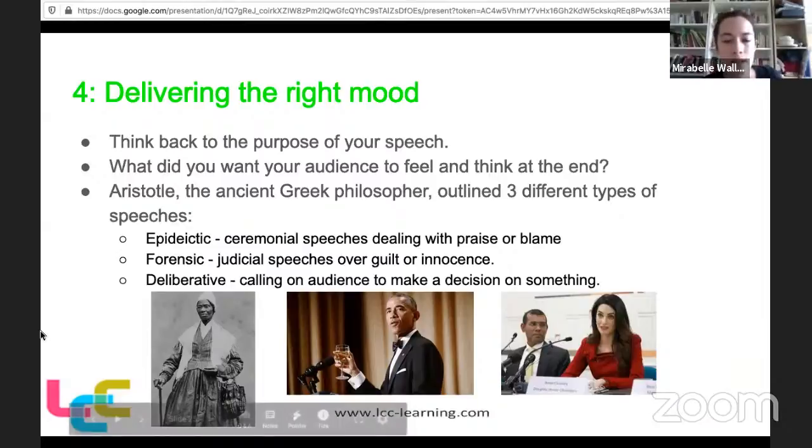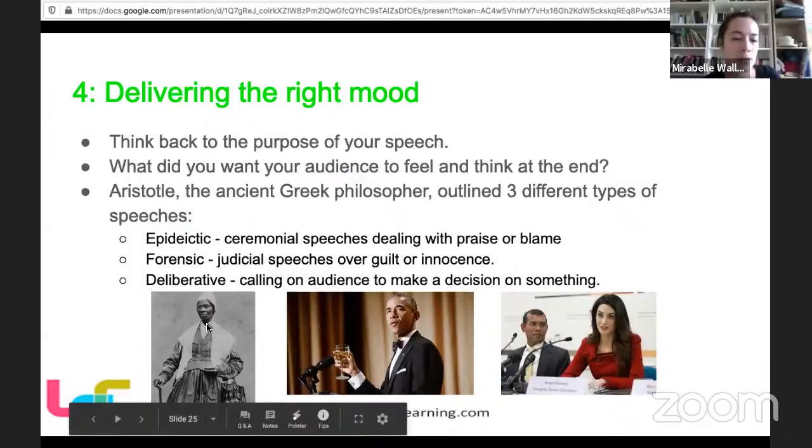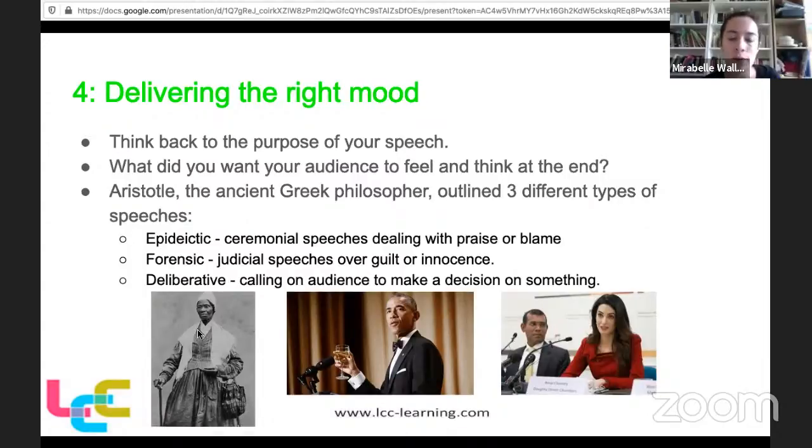So of all these 3 speeches, let's try and work out what kind of speech it is. So we have Sojourner Truth trying to rouse her audience, persuade them to come round to the cause of women's rights and the abolition of slavery. We have President Obama at the White House presidential dinner, which is at the end of his presidency, where he's sort of summing up what he thinks his achievements are, and also casting doubts over the next presidency.